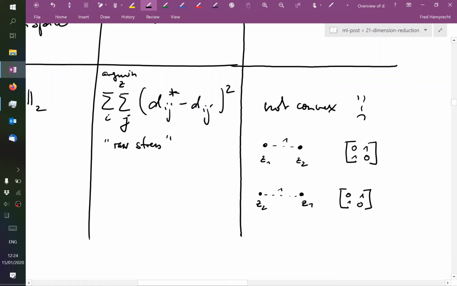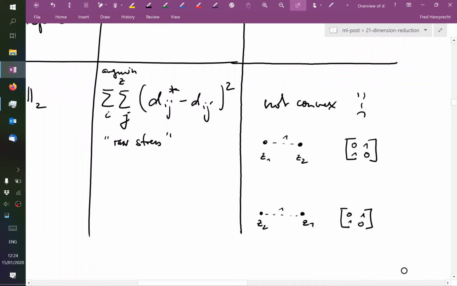And now, these are 2 legal low-dimensional coordinates, right? This is a legal low-dimensional embedding. Now, what if we try and meet halfway between these 2? If we try and interpolate them, then z1 and z2 will be at the same location. So z1 equals z2, and the distance matrix here will be 0, 0, 0, 0.